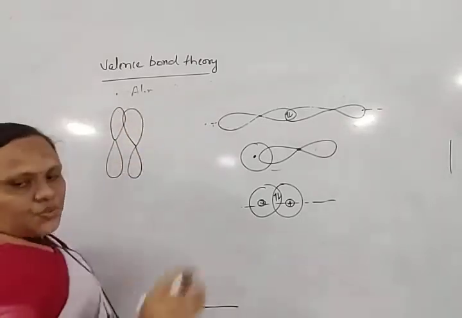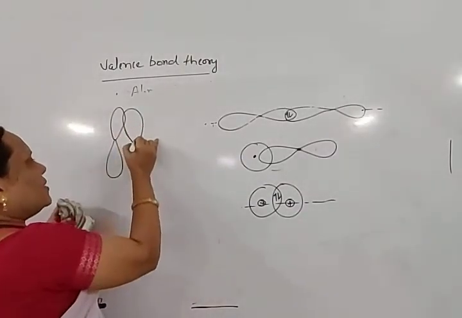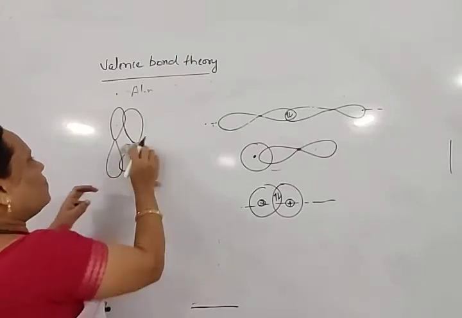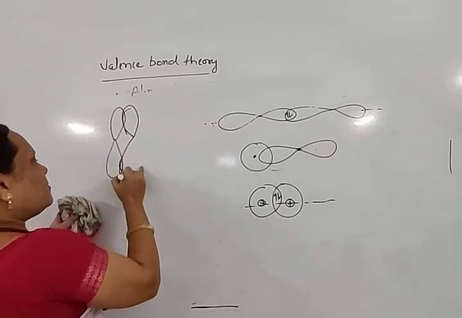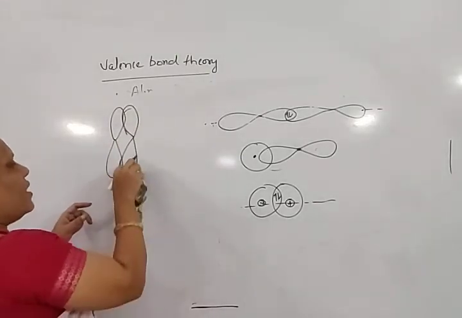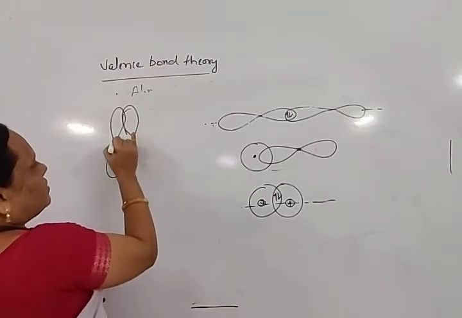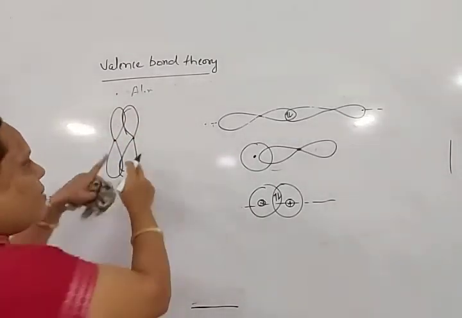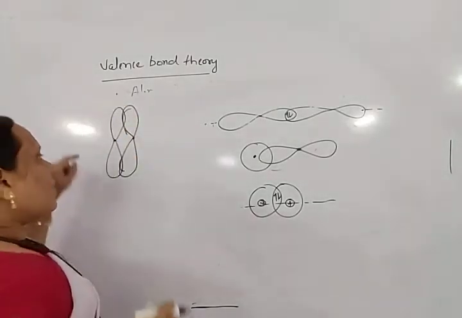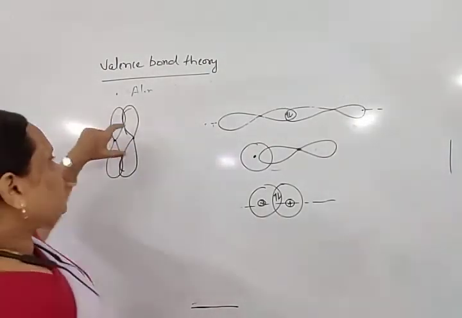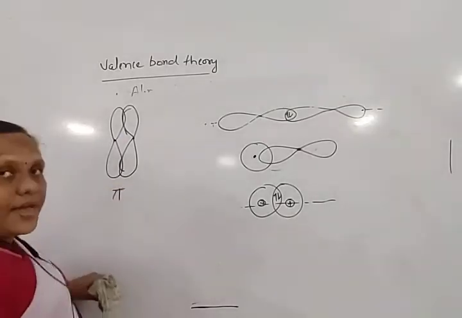The upper lobes overlap, and the lower lobes also overlap. Here the nucleus position is in between. The extent of overlapping is not along the internuclear axis; it is perpendicular to it. This type of bond is called a pi bond.